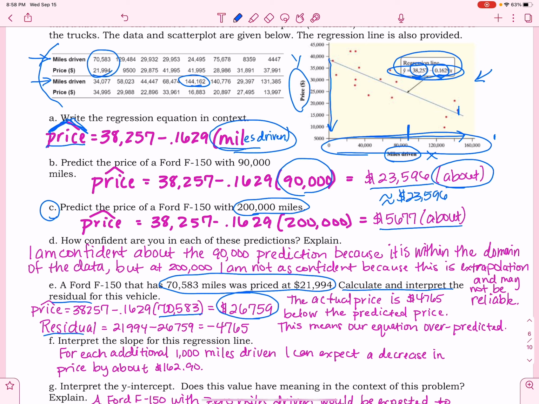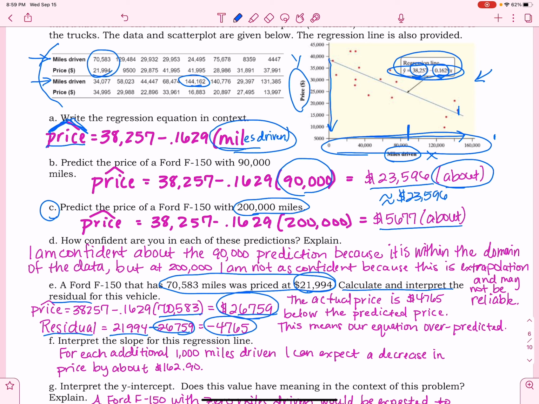Now to find my residual, I take my actual price and I subtract from it my predicted price, and that gives me a negative 4,765. It is perfectly acceptable to get a negative value for your residual because it clearly tells me that my actual data point is lying underneath my line.